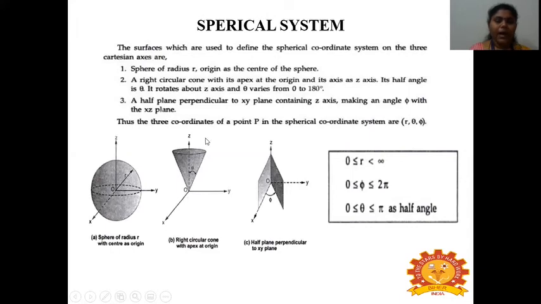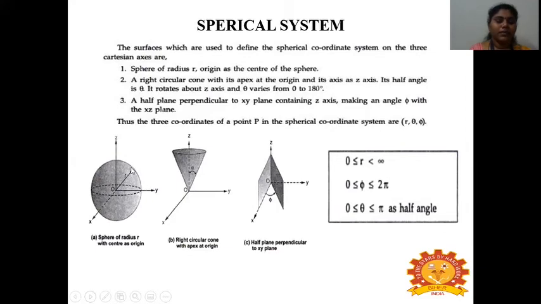And next is a half plane which is perpendicular to the xy plane, containing the z axis, making an angle phi with respect to the xz plane. So the three coordinates of the point P in the spherical coordinate system are r, theta and phi. The r ranges from 0 to infinity, phi varies from 0 to 2 pi, and theta varies from 0 to pi as a half angle.